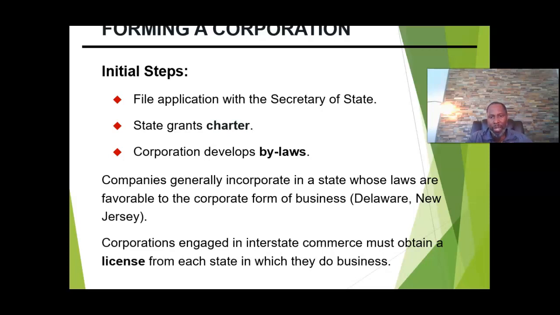Now, normally, once you have a corporation, you're able to do business in any particular state. Although, let's say you may be incorporated in Missouri, that doesn't mean that you still can't do business in, say, the state of California. Now, once you have your corporation papers, you may have to obtain a business license in order to do business in those additional states.